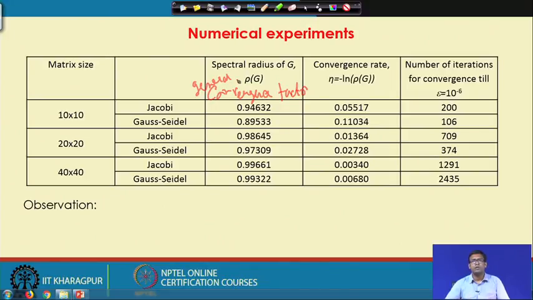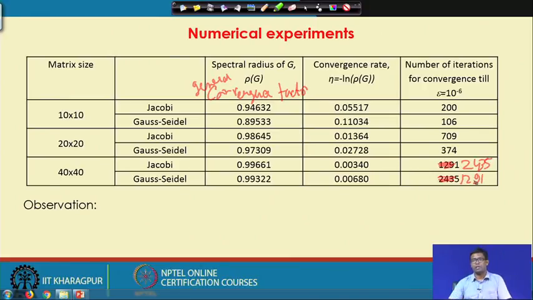If we increase to 40 by 40, the Jacobi spectral radius is very high, 0.99661, and the convergence rate is 0.0034. For Gauss-Seidel it is 0.99324, and the convergence rate is 0.0068. Because the iteration numbers are very high, I think these are swapped while making the table. I will change that in a later slide. This is 2435, this is 1291.